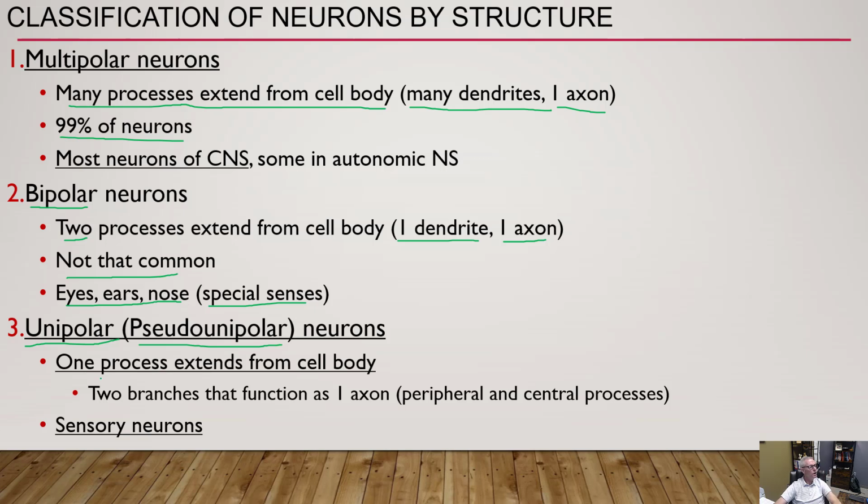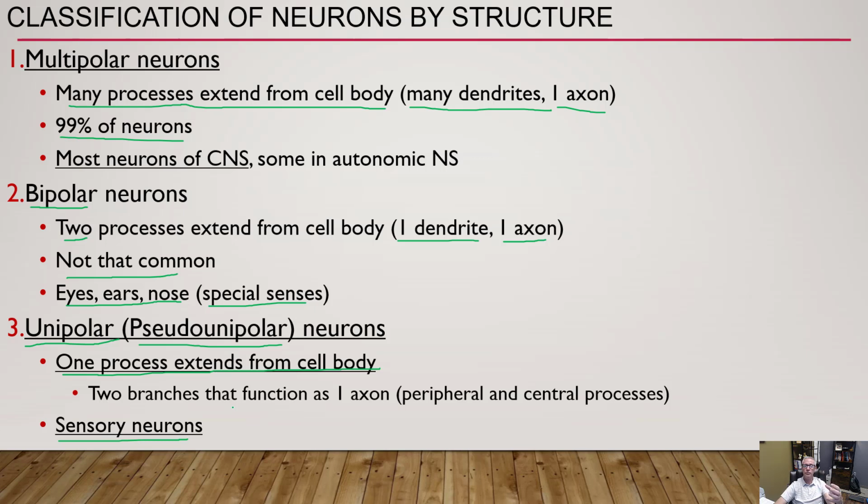So unipolar, one process extending off of that cell body. Those are going to be a lot of our sensory neurons, a lot of our peripheral nervous system afferent neurons.